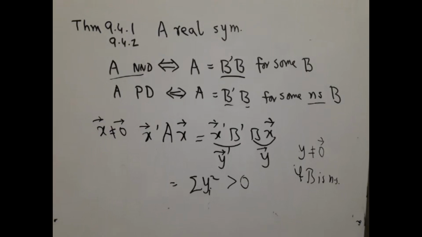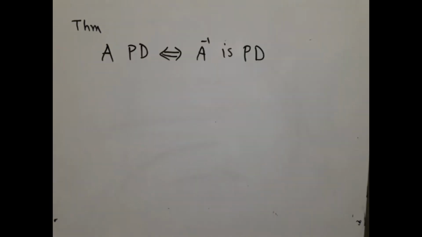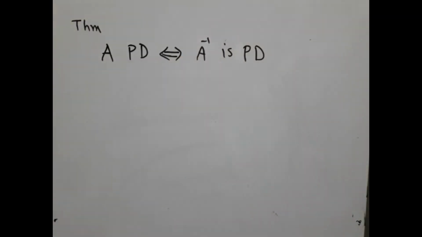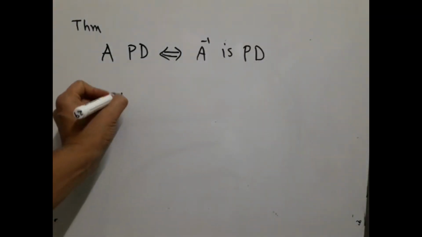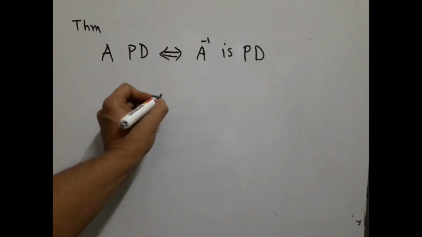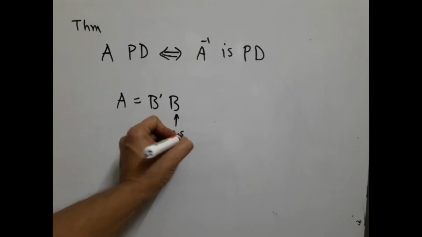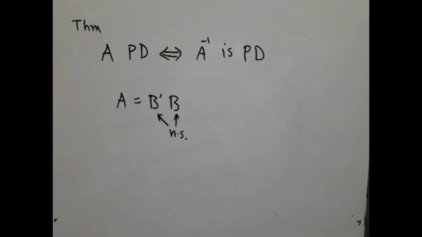Now Rao and Bhimasankaram have given a corollary to this, namely the inverse of a PD matrix is PD. Now you can think of it as a corollary or just as an independent result. First of all, if A is PD, A must be non-singular because A can be written as some B transpose B, where B is non-singular. So B transpose is non-singular, and a product of non-singular matrices is again non-singular.